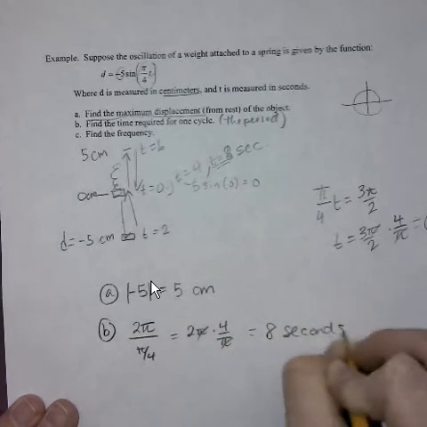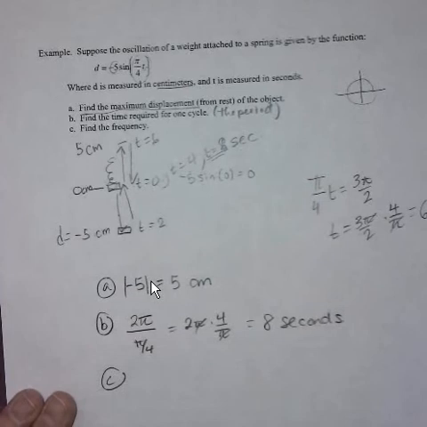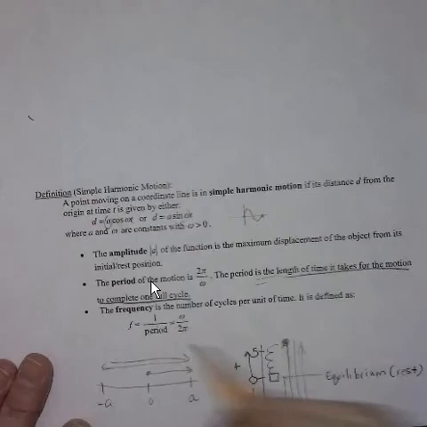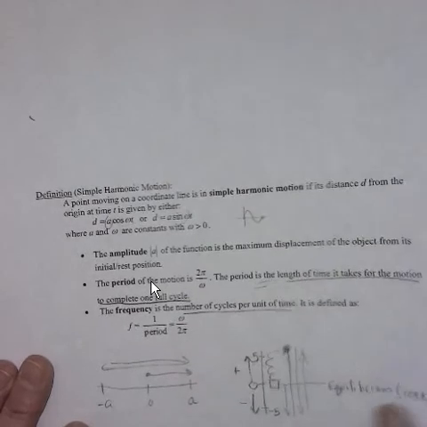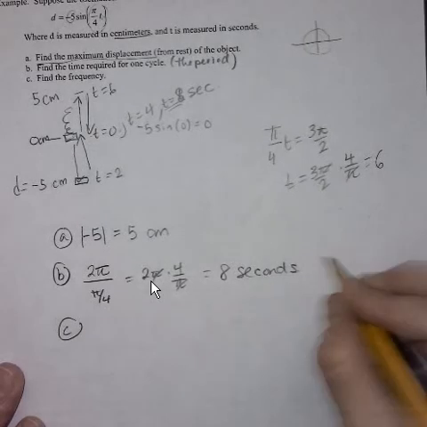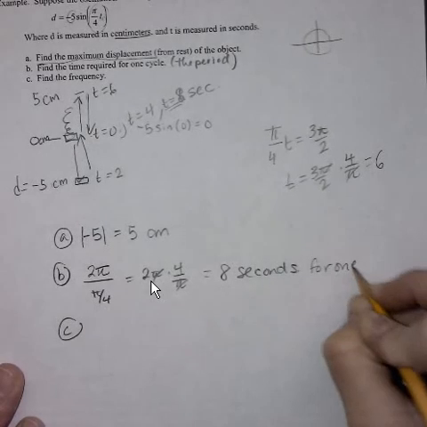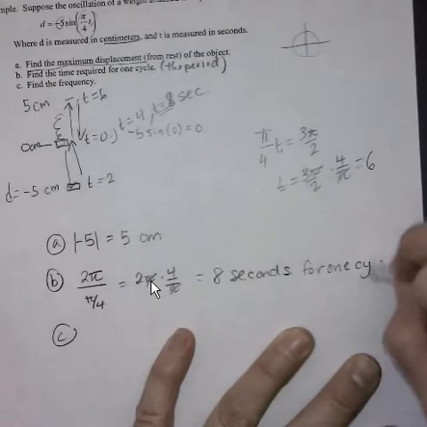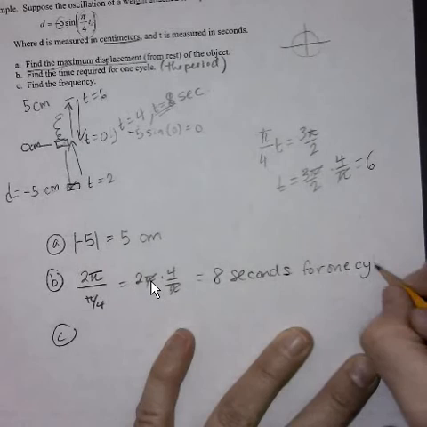And then C, the frequency, and the frequency is the number of cycles per unit of time. The period is 8 seconds for one cycle.